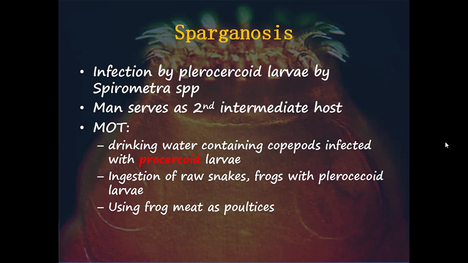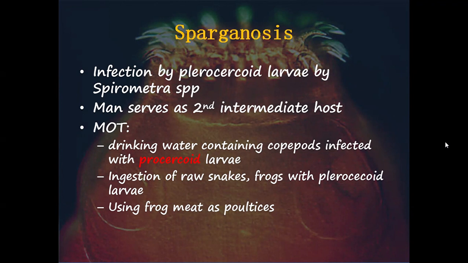So humans, in this case, will be the second intermediate host and will contain the plerocercoid larvae. And in general, because humans are not being eaten by other humans, this is a dead end in the life cycle of Spirometra.